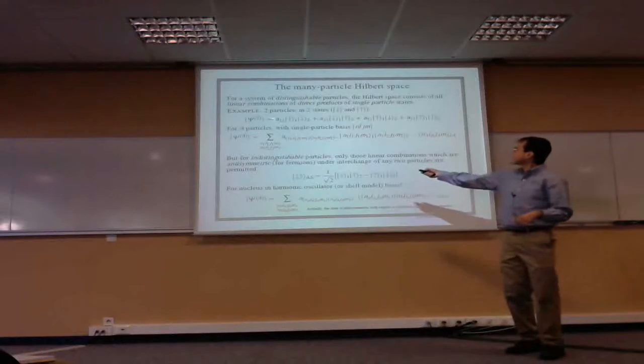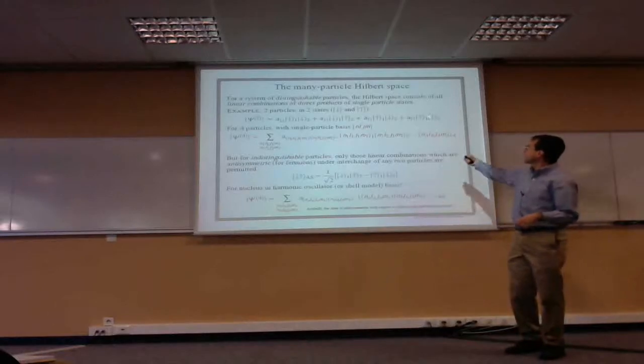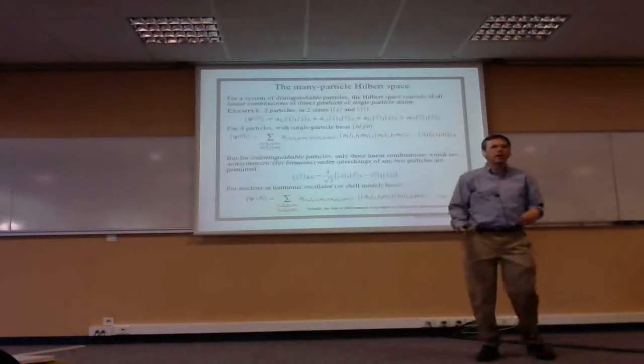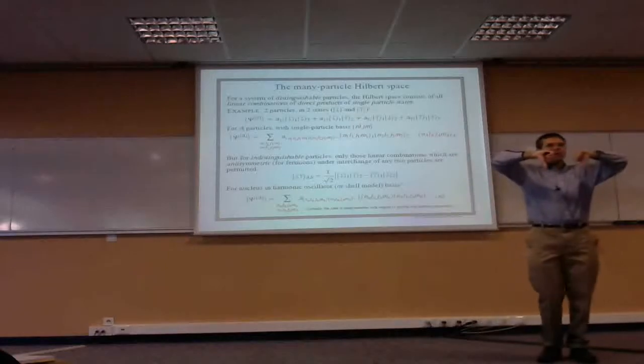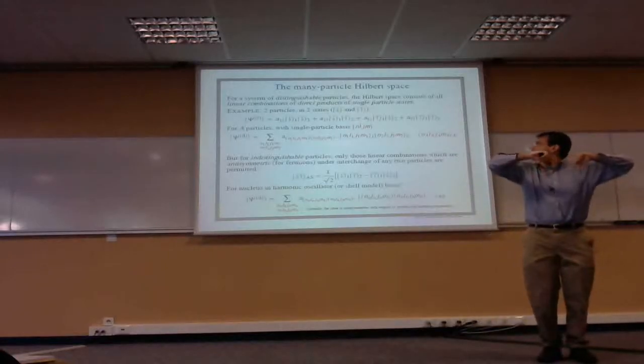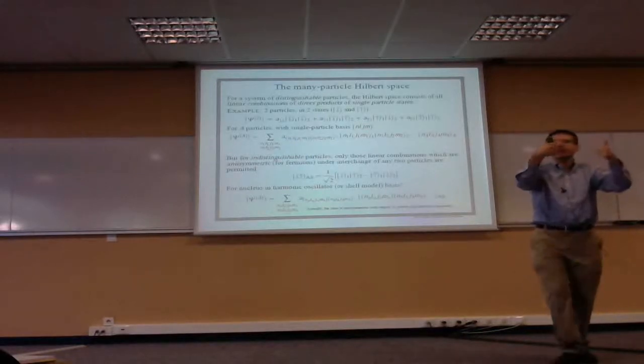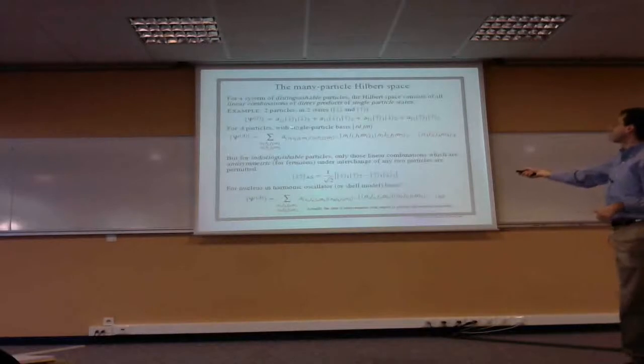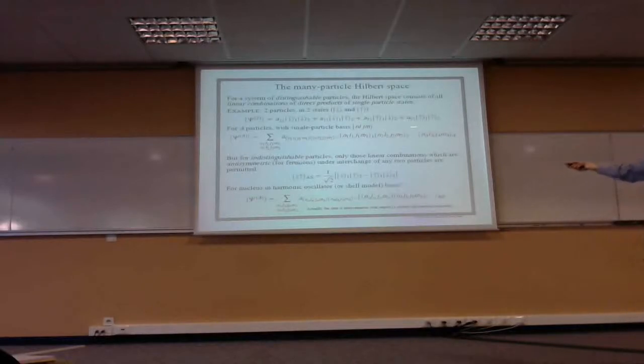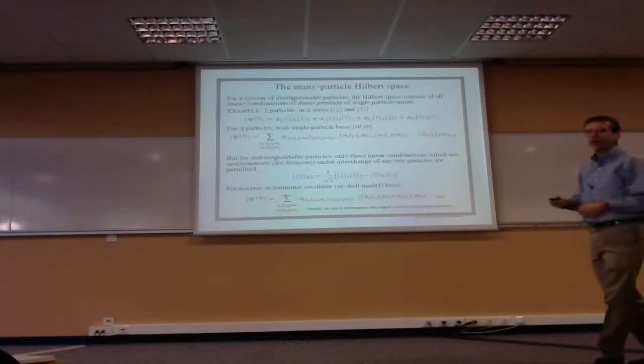Your general state for that 2-particle system would be any possible linear combination of the down-down state, the down-up state, the up-down state, and the up-up state. So your many-particle space would be 4-dimensional, and you'd have a 4x4 Hamiltonian matrix and 4 coefficients to solve for in your eigenvectors.